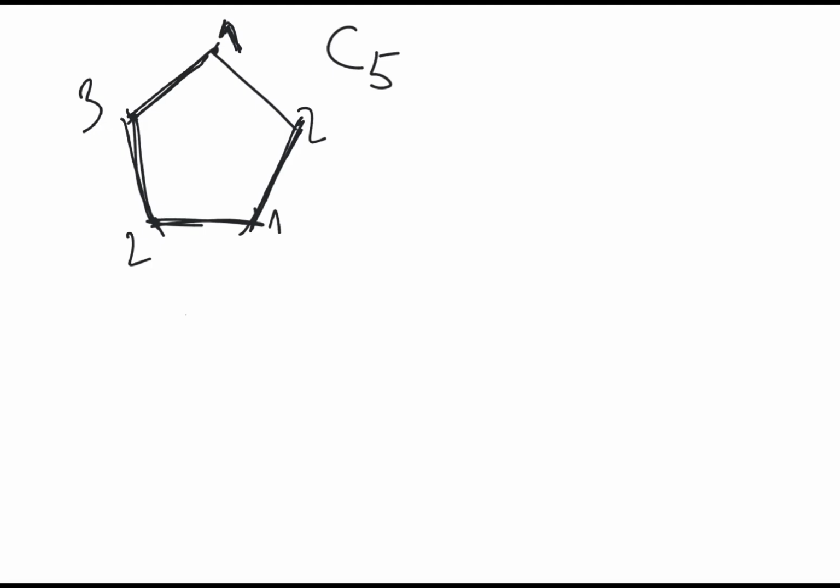So since it's not bipartite, it cannot be colored in 2 colors, but it can in 3 colors. So the chromatic number of C5 is exactly 3.